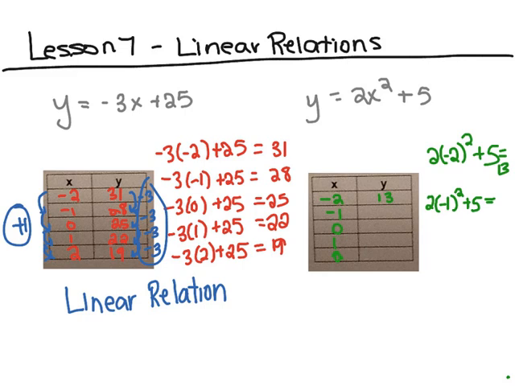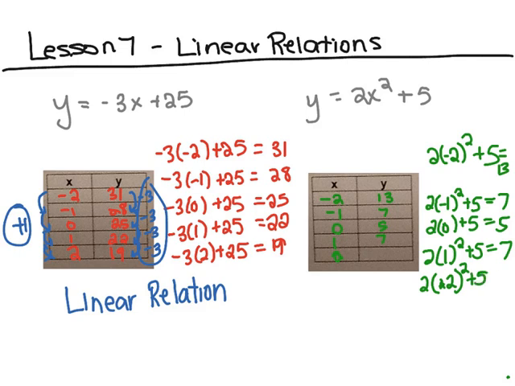You should get 7. 2 times 0 plus 5 is 5. 2 times 1 squared plus 5 should be 7. And 2 times 2 squared plus 5 will be 13.